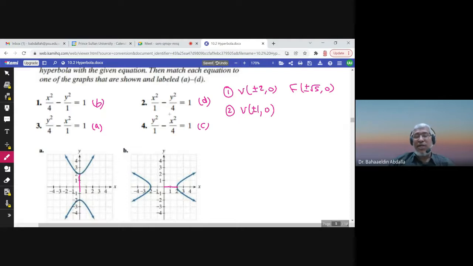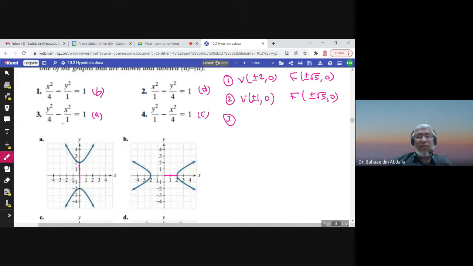This is a horizontal hyperbola. So the vertices are on the x-axis, plus or minus 1, 0. The foci here are also on the x-axis, and I'll have 1 plus 4, 5. So plus or minus square root of 5, 0.